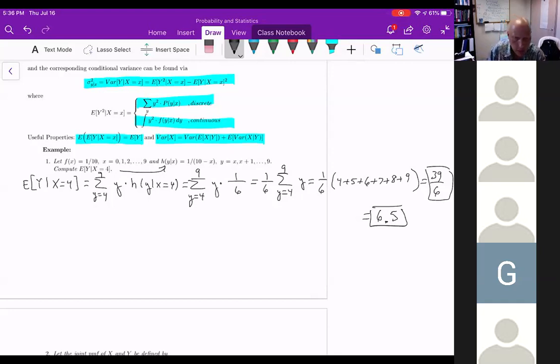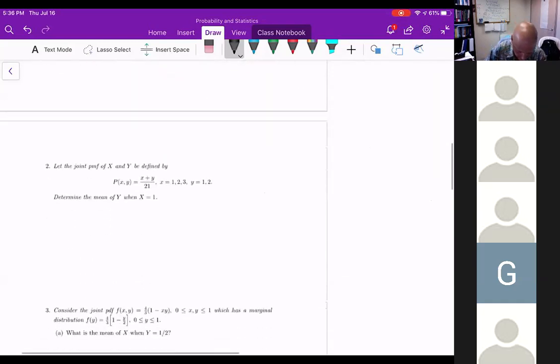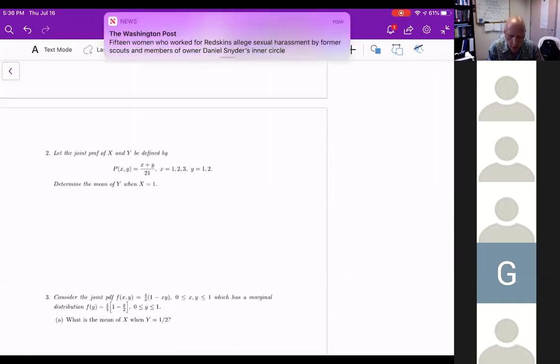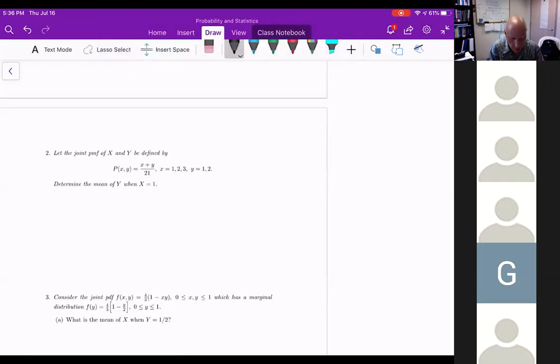All right, so let's take a look at the next part then. This is another one you've seen before. We're just doing something different with it. It says, let the joint PMF of x and y be as given. X goes from 1 to 3, y from 1 to 2. Determine the mean of y when x is 1.